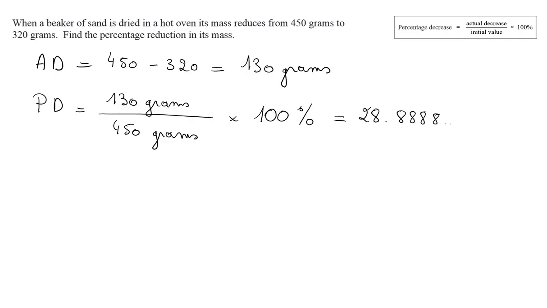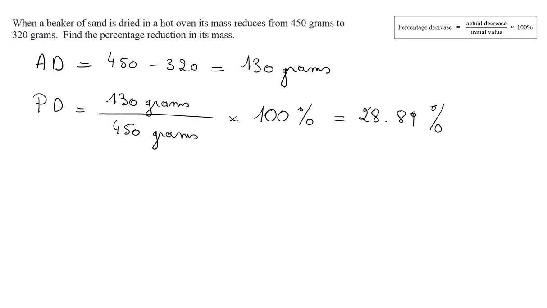Wow. Now, you all know that we're going to round that to 2 decimals. There's an 8 next door, so it's going to be 28.89. So the percentage reduction in its mass is 28.89%.